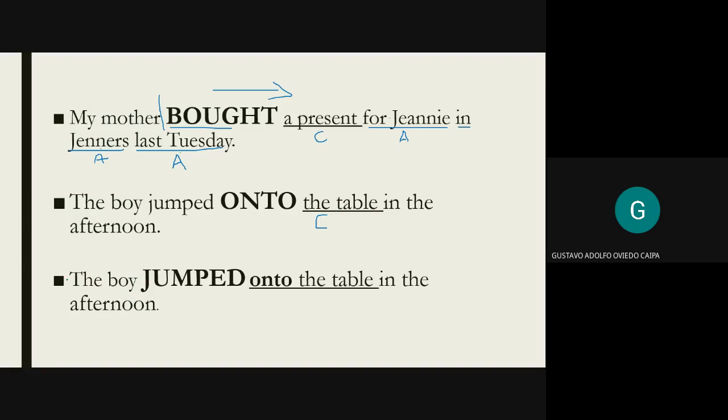Now, if we take the same information, and we analyze the verb jumped, in that case, it is this that becomes the complement, the entire section. Because if we eliminate it, we're going to run into a problem, which is that we are losing the directional section.